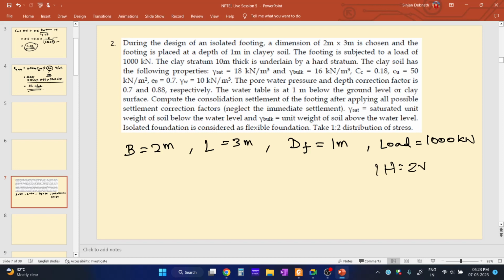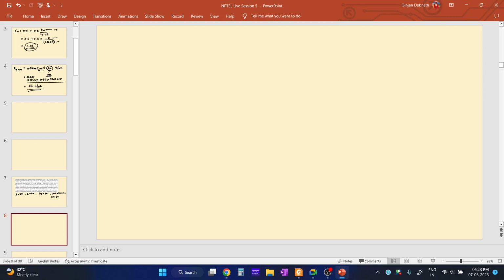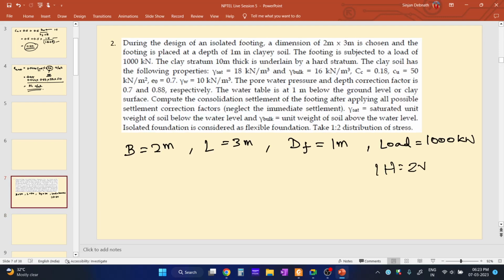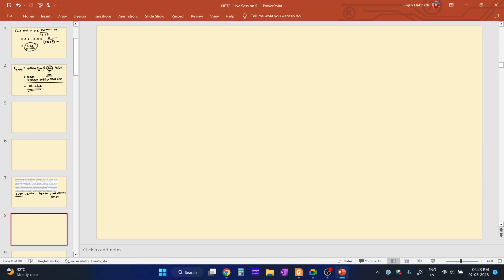So first of all, let me draw the problem. The breadth of the footing is 2 meter, and the footing is placed at a depth of 1 meter. So this is the footing.